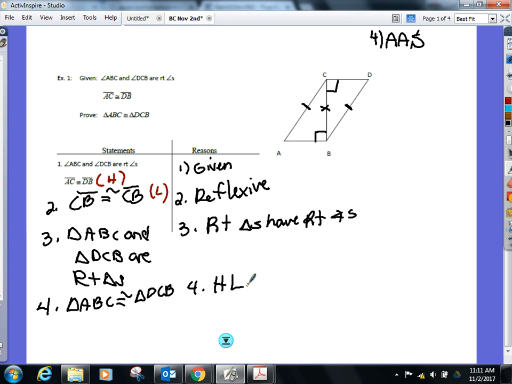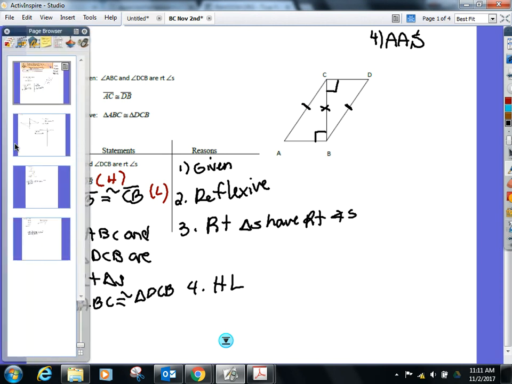Okay. Any questions on this base HL proof? Mike, go. So you don't need both legs? No. If I had both legs, isn't that side, angle, side? Right? Or if I had all three, that would be side, side, side. Okay? So no, I don't. I just need one. Other questions? All right, let's keep going here. Here's the basic proof.